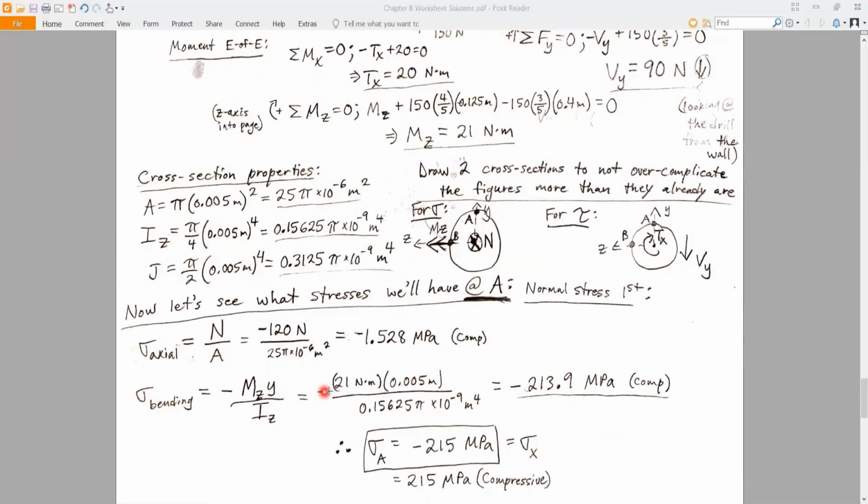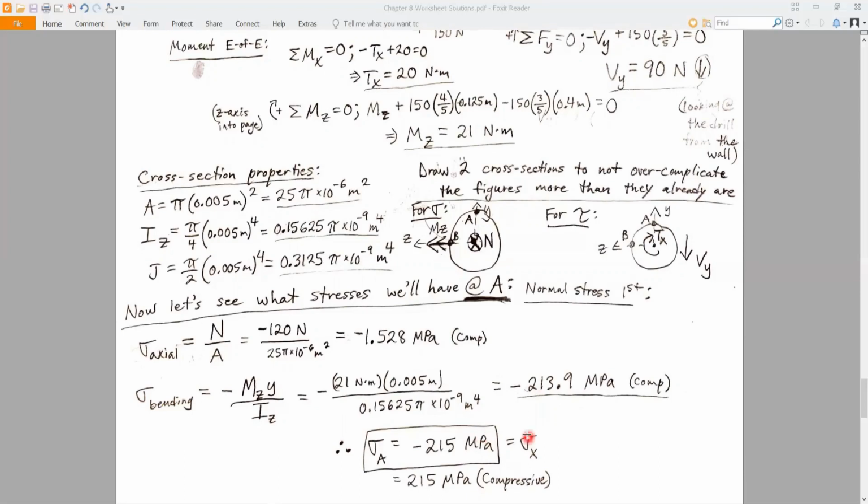The negative sign takes care of the fact that it's compressive, but also we know that if we're bending upward here, above our neutral axis is going to be compressive. So you can always check those things out. And divide by I, you get a bending normal stress of negative 213.9 megapascals.